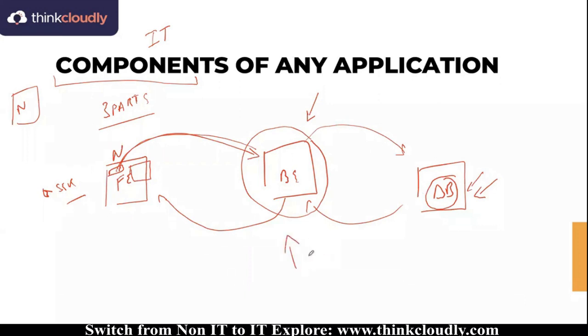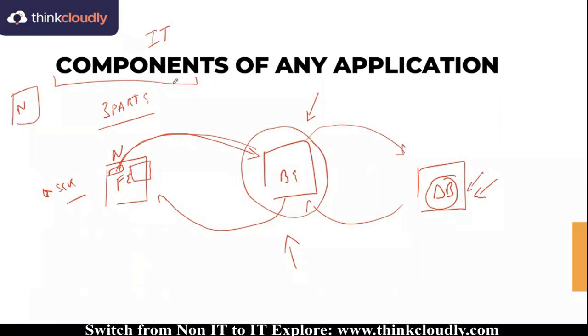Now, I hope everyone understands that for any application, whether you use WhatsApp, Facebook, Thinkcloudly, Netflix, or any other application in the world, it has three components: front end, back end, and database.